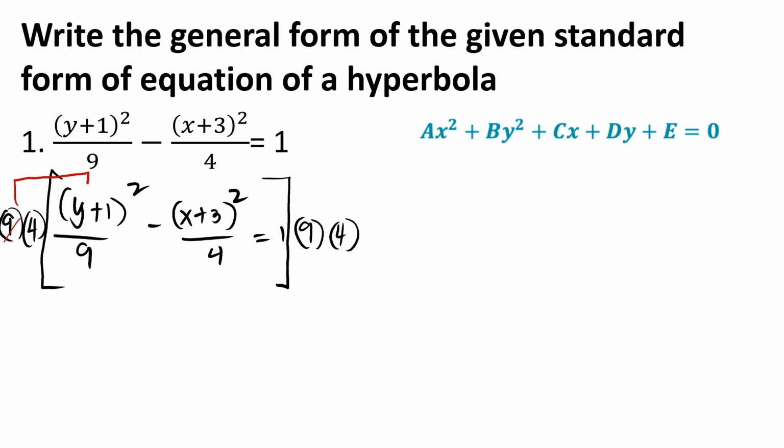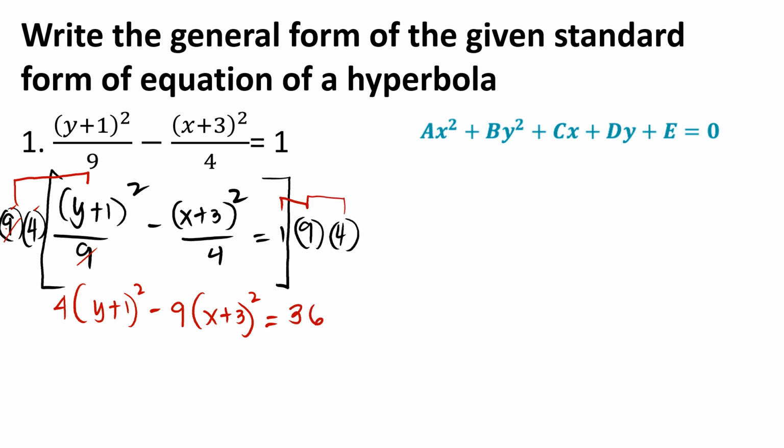In this way, we can cancel the 9 because 36 divided by 9 will answer 4. So we copy the 4, and then y plus 1 squared minus, again, the 9 and 4 is divided by 4. The remaining will be 9. So 9 times x plus 3 squared is equal to, the 4 times 9 is 36 times 1.